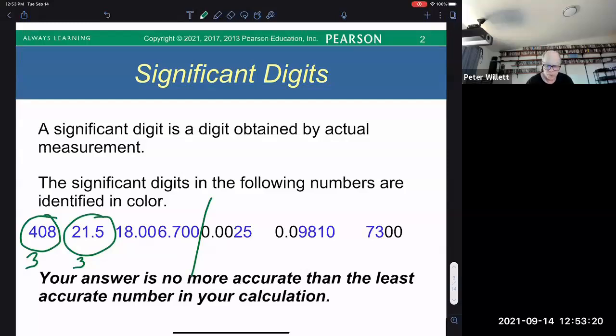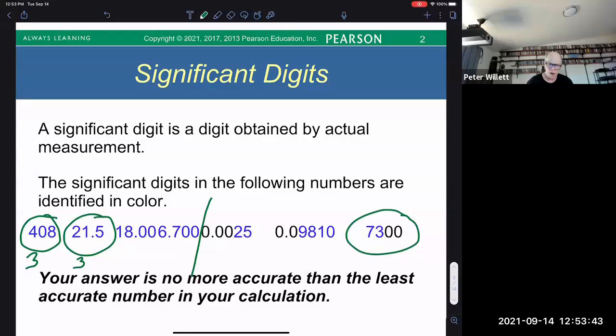Now let's compare those to the one all the way on the right over here. So we end up running into possibly a little bit of confusion when there are zeros involved. So for example, on the very first one we did, 408, there's a 0 right in the middle of the number.